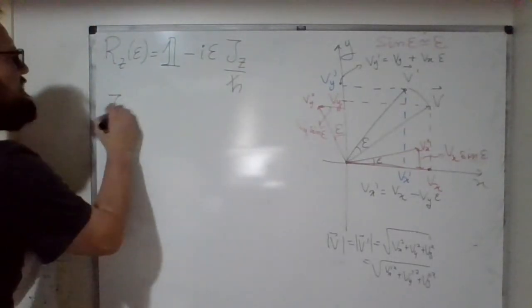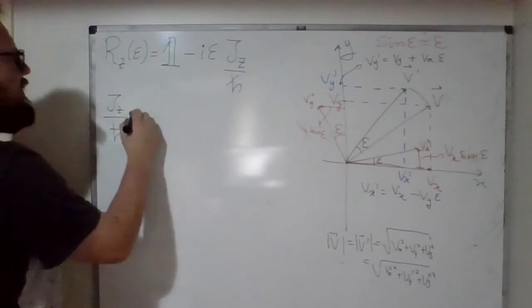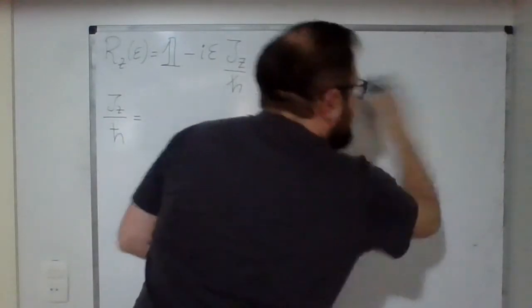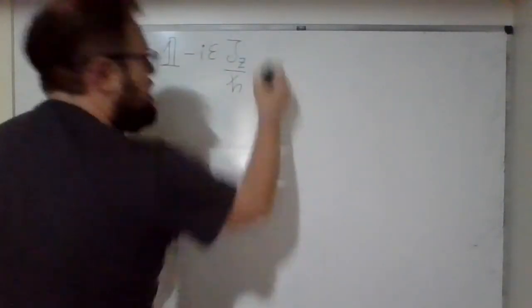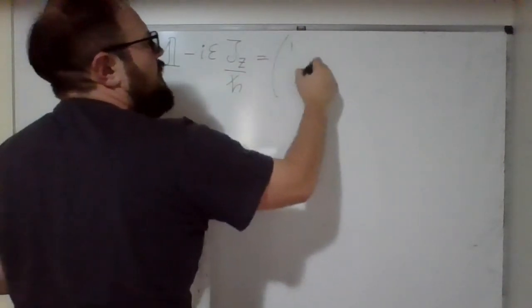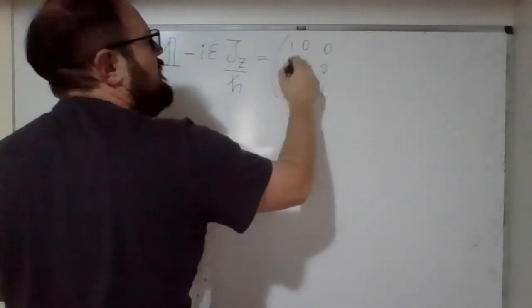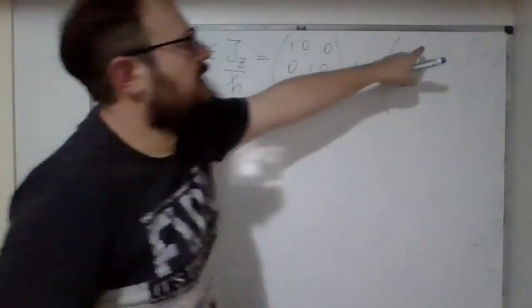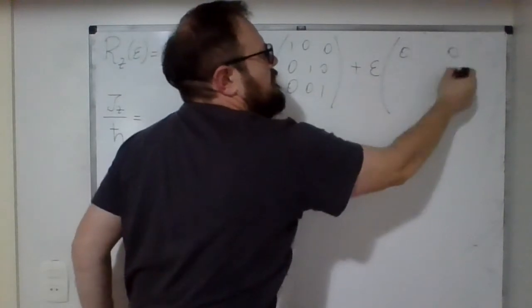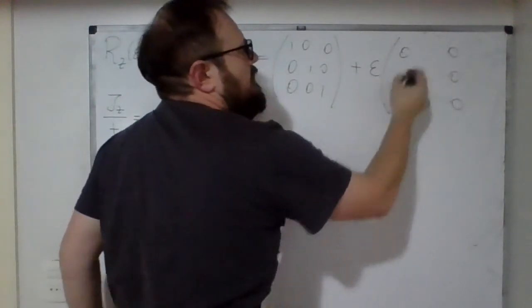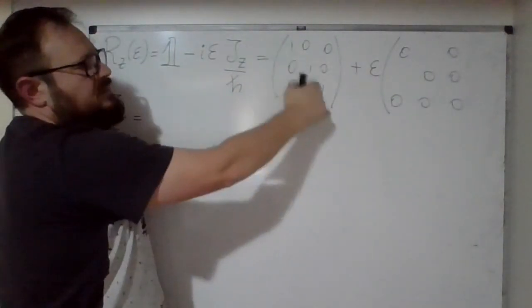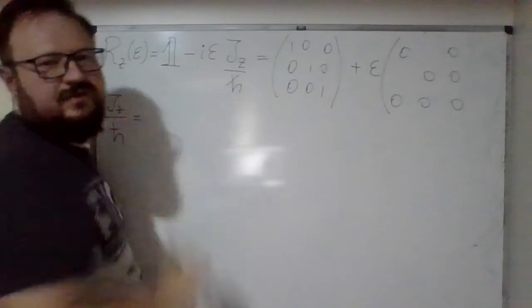So the Jz divided by h bar is equal to, because remember, our matrix was this thing here: 1, 1, 1 in the diagonal plus epsilon. We have zeros in the diagonal because we just bring the ones of the diagonal to the identity matrix.